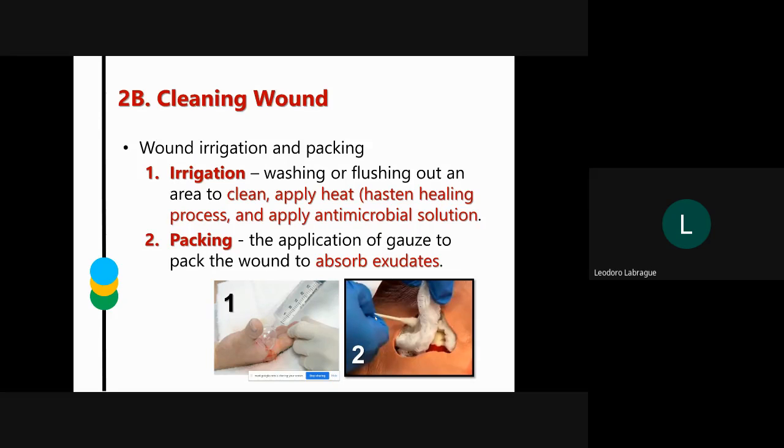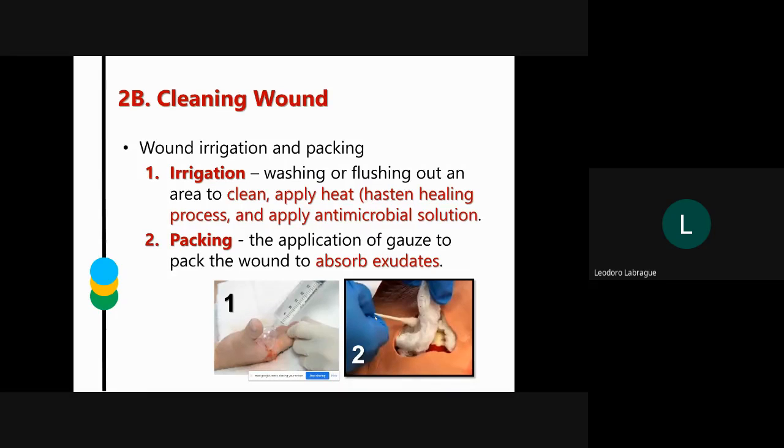I want you to look at the first photo. See, with the use of a large syringe that contains normal saline, the wound is flushed, the wound is washed with normal saline solution. It is basically washing or flushing out the wound in order to clean. And after cleaning, antimicrobial medication is applied.